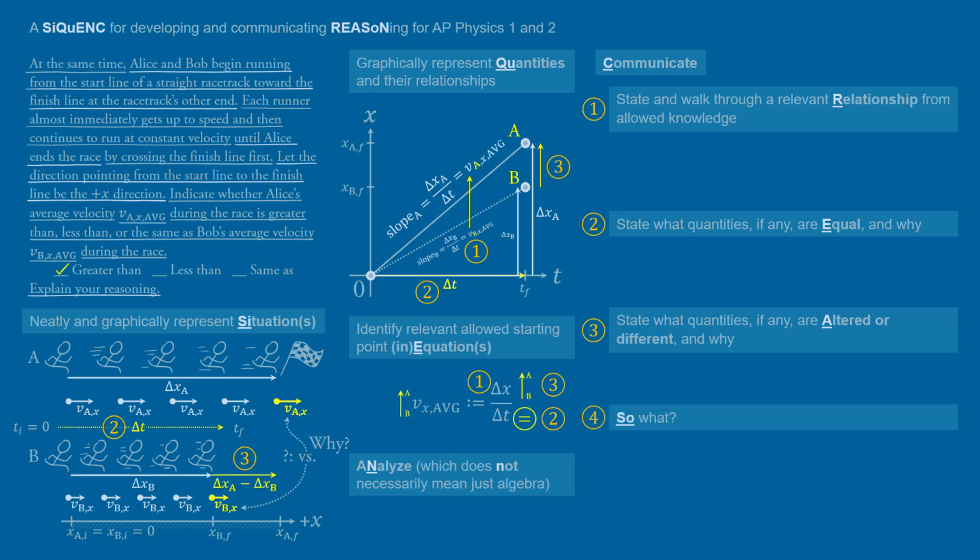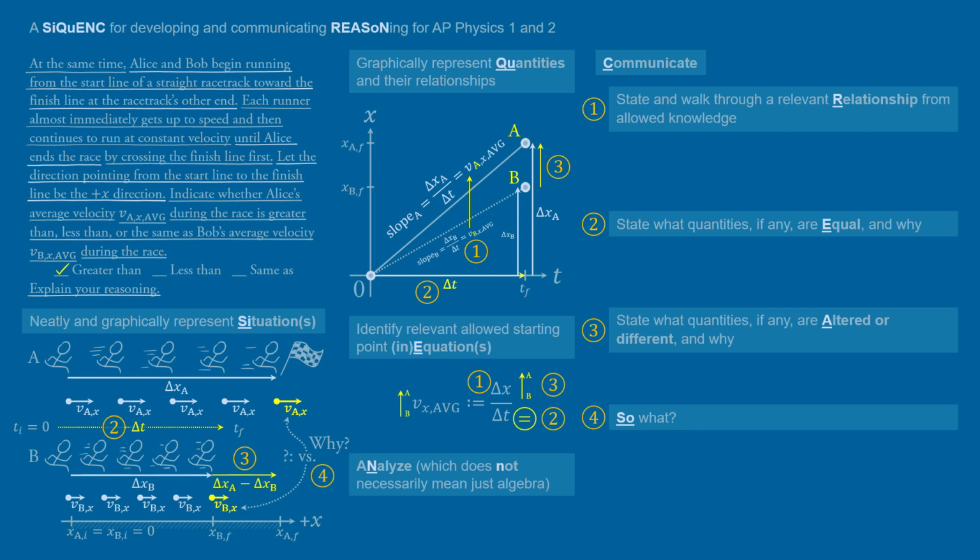4. So what? In the sketch of the situations, we draw a circled 4 near the question mark that reminds us to compare Alice's and Bob's velocities because, by following the dashed arrows representing this comparison, we are guided to look at representative velocity vectors showing that Alice's velocity is greater than Bob's velocity.